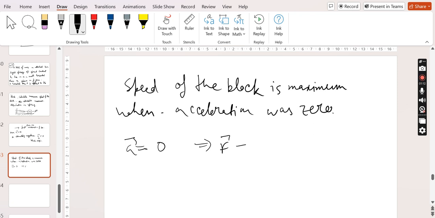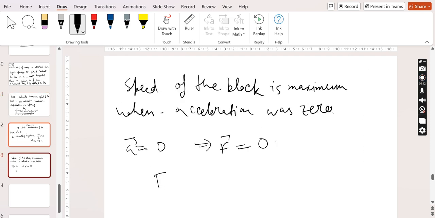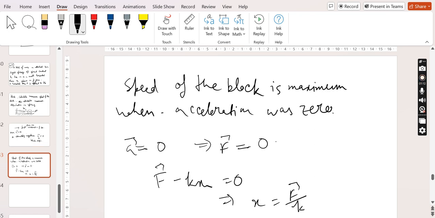That means net force is also 0. So F is working in that direction, so F minus kx equals 0. That means x is equal to F by k.